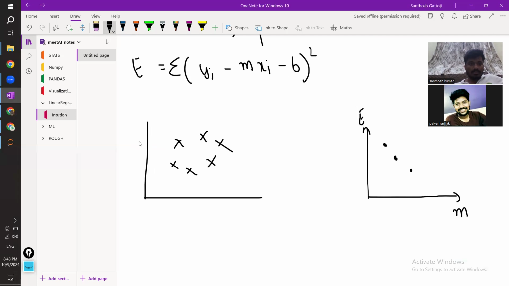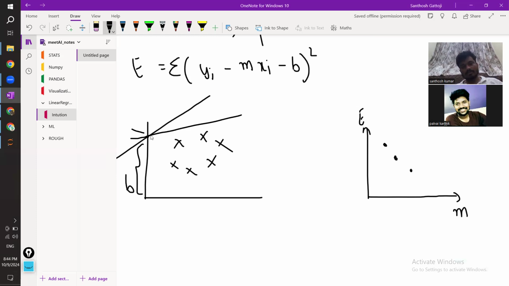That means some random line I'm taking, having this y intercept. I'll just fix this. That means this is the line, and I'll just change m. That means we need to change the angle. Only this will be the angle.